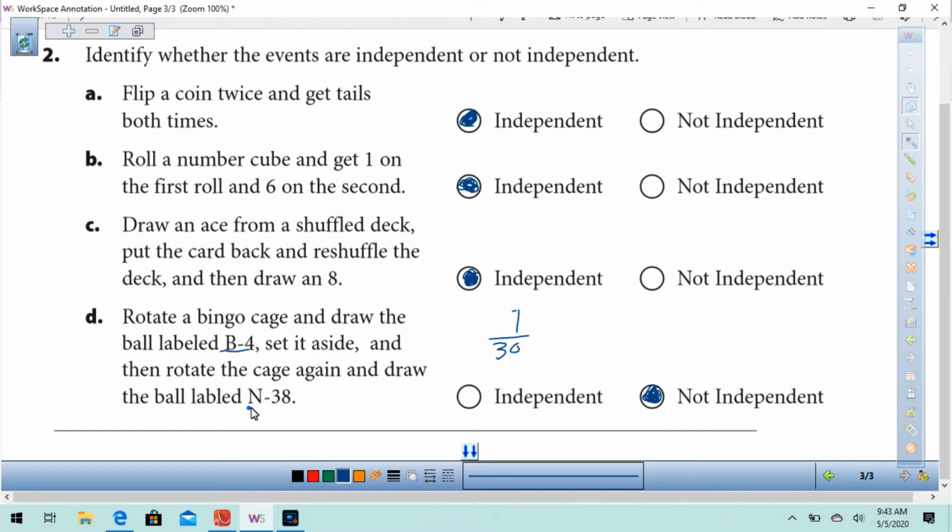On the first draw, they had a 1 in 30 chance. But on the second draw, it now becomes a 1 in 29. So it has a higher probability. The first ball had an effect on what the second could be.